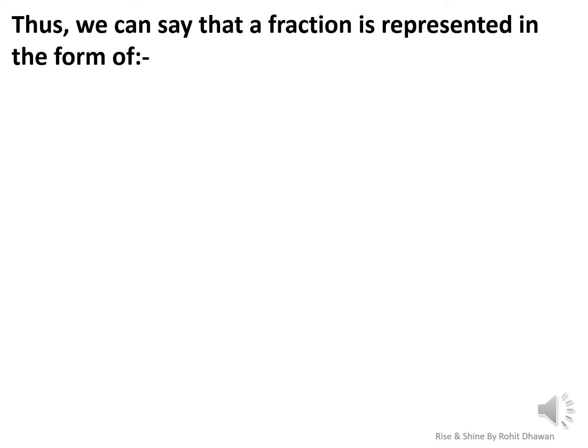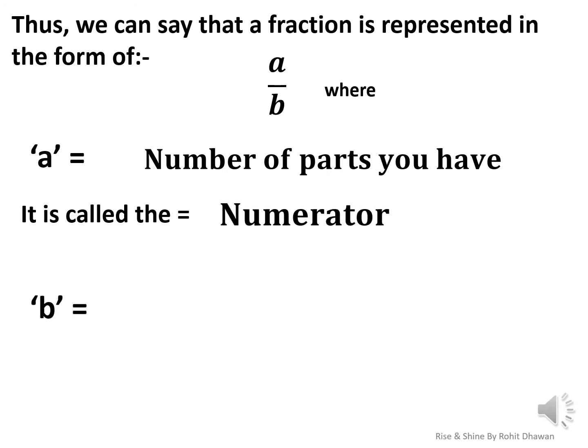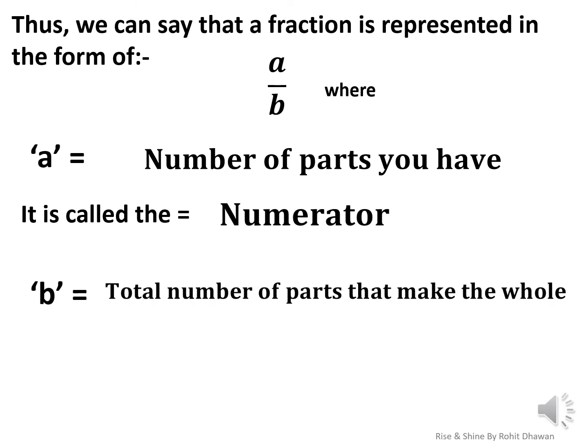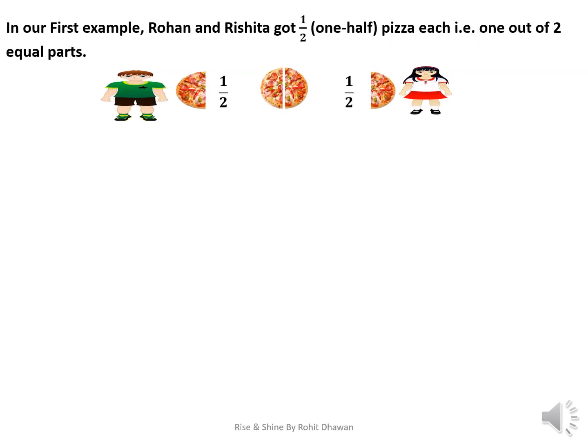Thus, we can say that a fraction is represented in the form of a by b, where a represents the number of parts you have, and it is called the numerator. b represents the total number of parts that make the whole, and it is called the denominator. In our first example, Rohan and Rishita got 1/2 pizza each, that is 1 out of 2 equal parts.